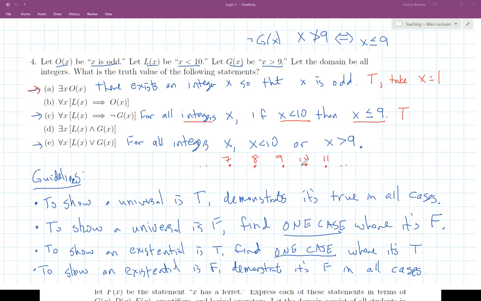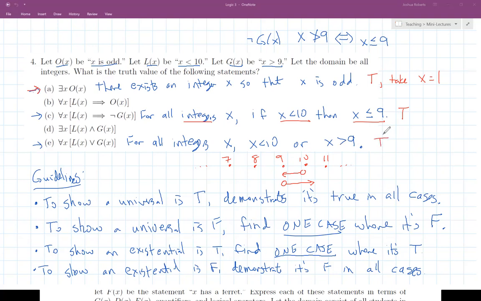If something is less than 10, that's all the integers that are smaller than 10. If something is greater than 9, it's going to be going in this direction, all the integers greater than 9. All the integers get covered, right? 9 gets covered by being less than 10. 10 gets covered by being greater than 9. And then I have the arrows covering everything else. So this one is also true.